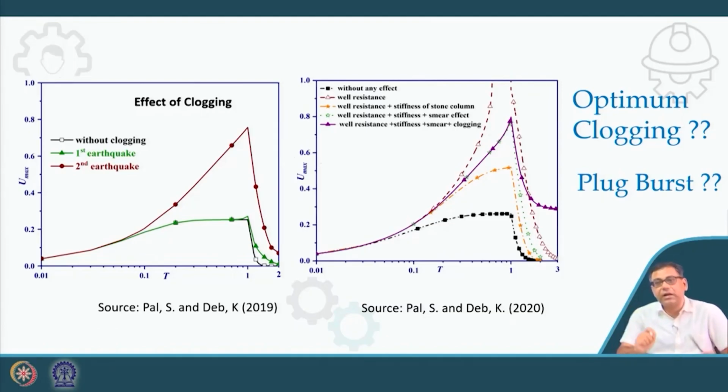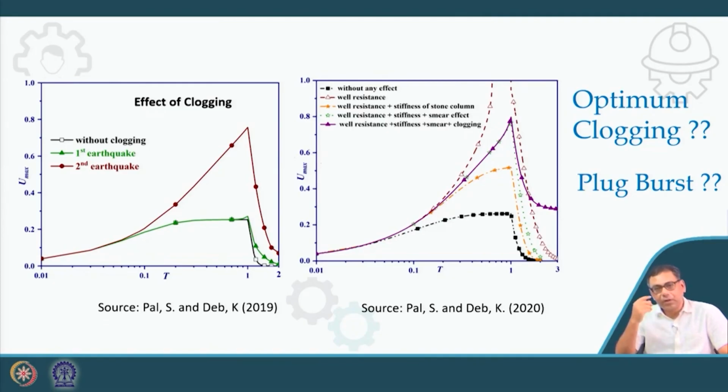So you can see that the clogging effect, mainly in the initial stage or initial earthquake, will influence the dissipation time. Because of the clogging of the pores, the time for dissipation of water pressure will increase. And we have already discussed that there is an optimum clogging.